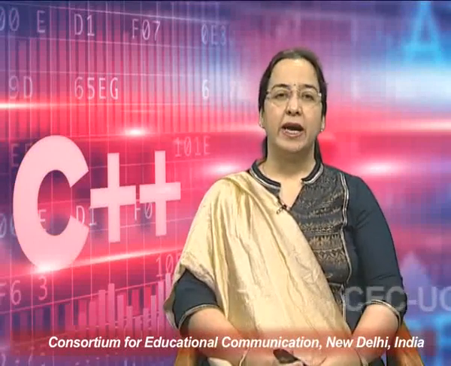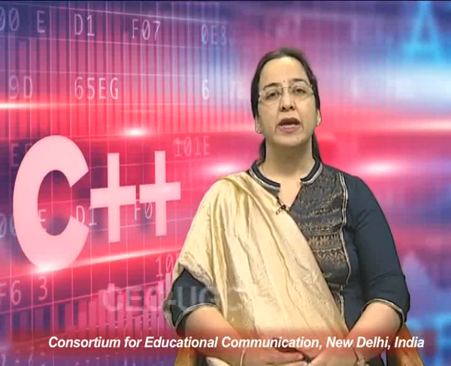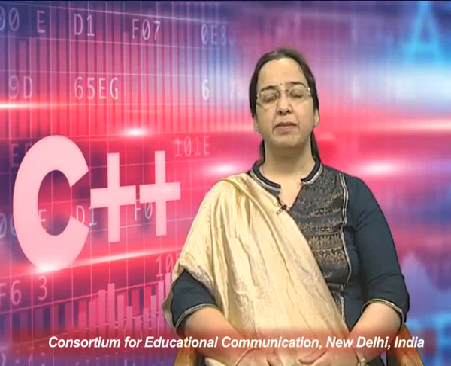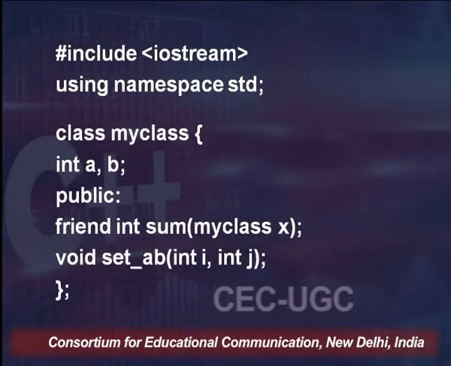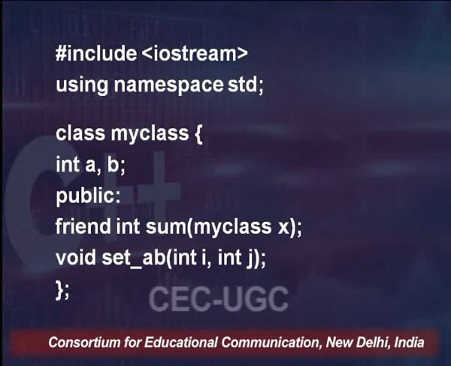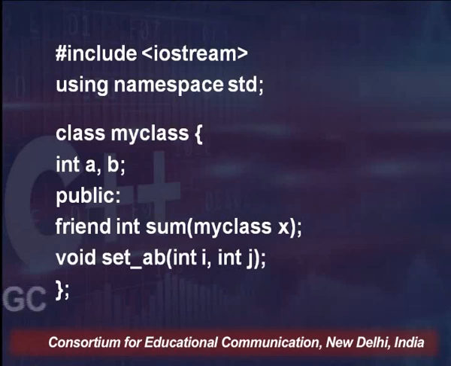In my code, I have declared one class by the name MyClass, and I have taken two private members, integers a and b, and there is a public section in which there are two functions. One is a function set_ab with parameter list integer i and integer j, and another is the function sum returning an integer.